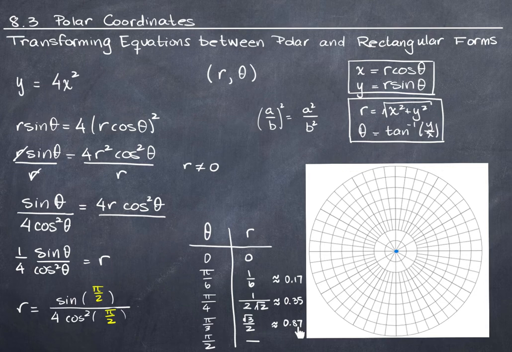So the next thing I want to do is look at my graph here and decide what my scale is going to be. My input values at the moment go from 0 to pi over 2. That's here around to here. So right now we're in quadrant 1. My output values go from 0 up to 0.87. That's almost 0.9. So if I let each one of these equal 1, then I'd have to get all these points in this small region here.